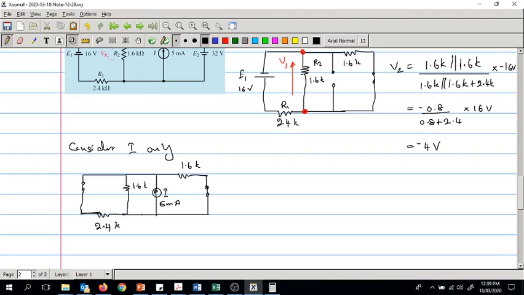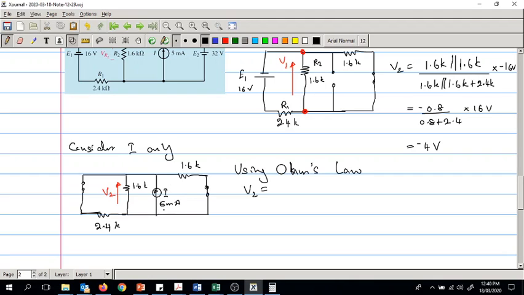Actually all the three resistors are in parallel to each other, so we can simply use Ohm's law. The voltage that we want to find is the voltage here, which we will label as V2. Note that this resistor is in parallel with this resistor and with this resistor, so it is a total resistance. V is equal to IR.